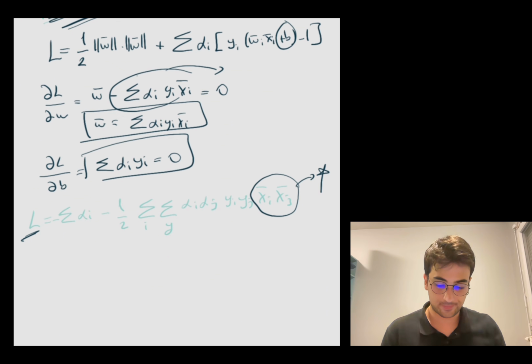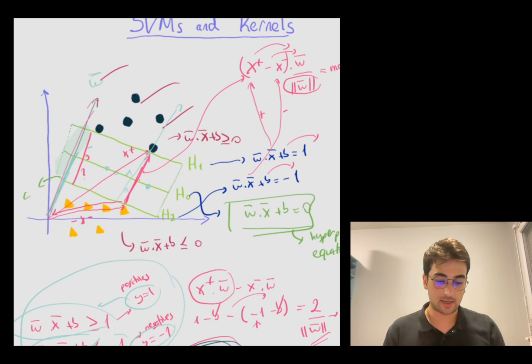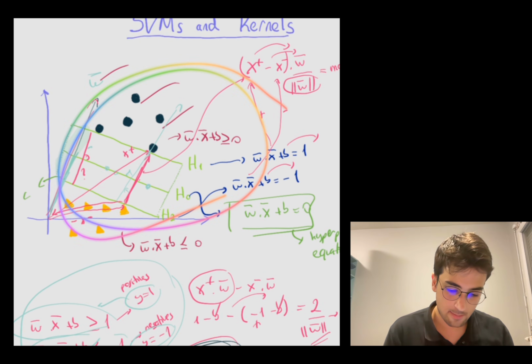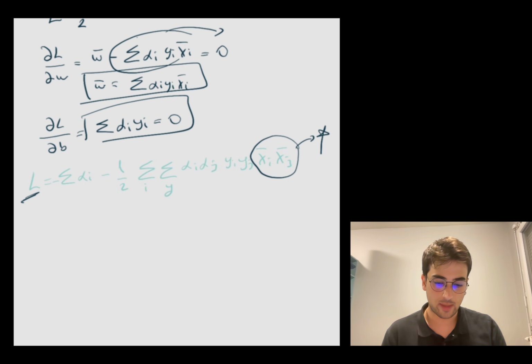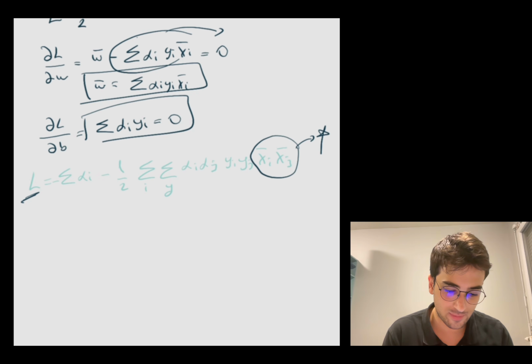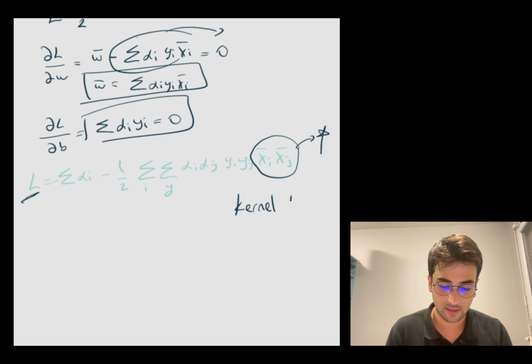Okay, so if your data is linearly separable, like in this one, let me show you with a magic pen, like in this one, no problem. But what if you cannot linearly separate your data? Here is where the kernel trick comes into play.